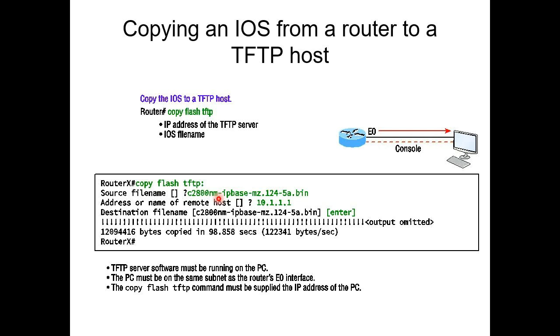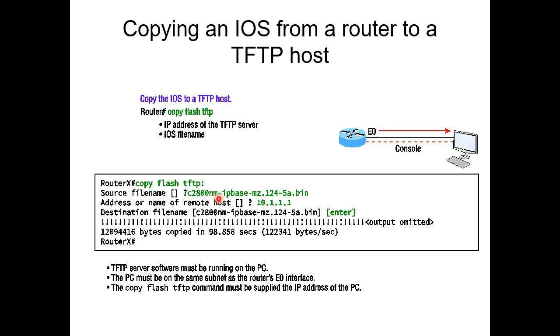All right, so here is an example where we are copying from flash to our TFTP server. And when we do this, we are specifying the source file name and then the destination server address, the TFTP server.